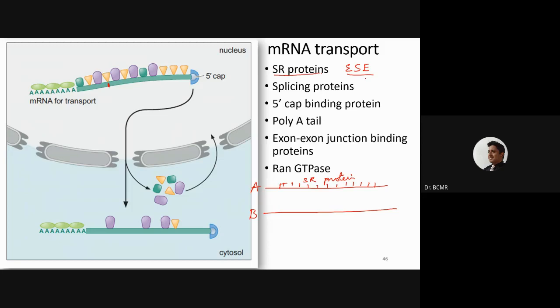Introns do not have them, right? That means if it is completely bound by SR proteins, it does not have introns, okay? And also the G cap should be there, and also the poly A tail. And there are many other proteins called exon-exon junction binding proteins, something like this.